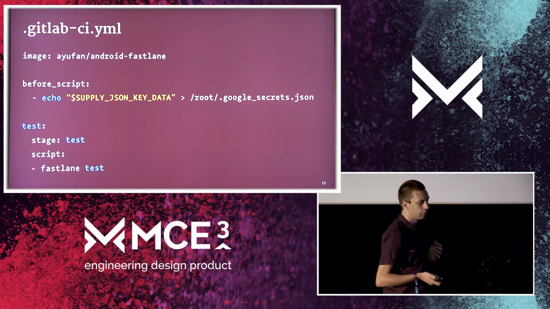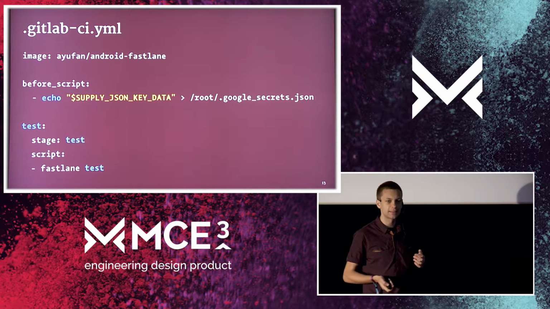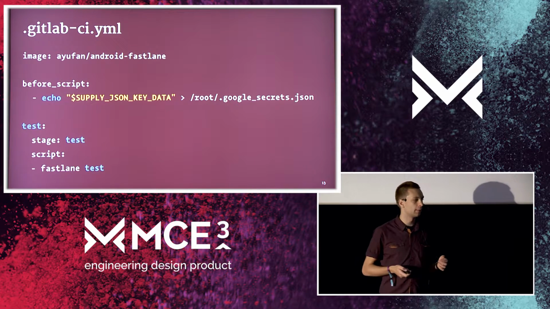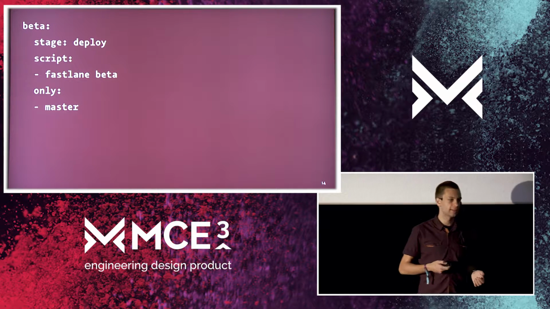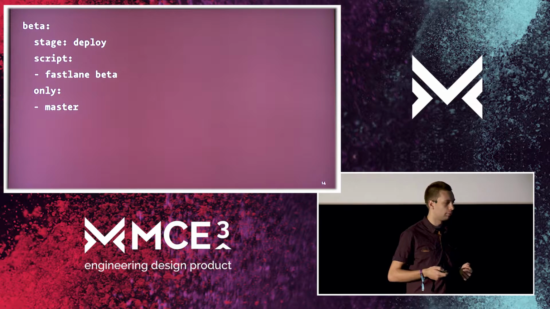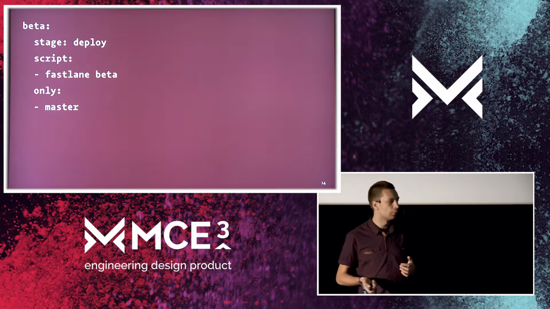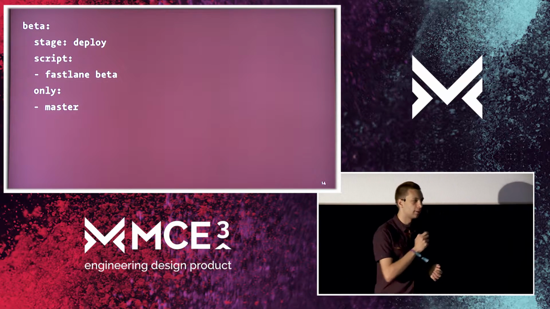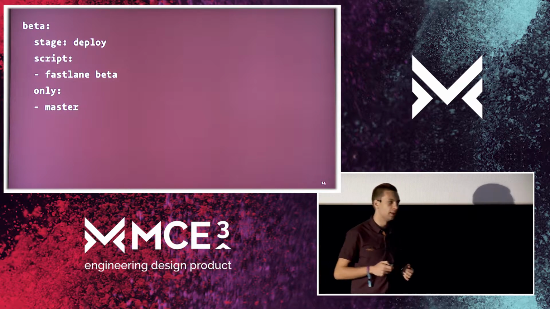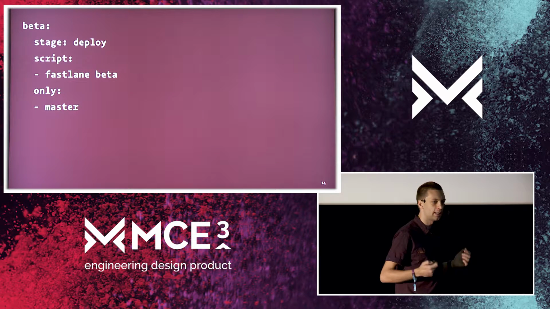If we want more complicated workflows, we can create other jobs. In this case, we create the beta job. As previously, it executes a really simple action on Fastlane, but there is a nice constraint for this job: it says execute this job only on master.